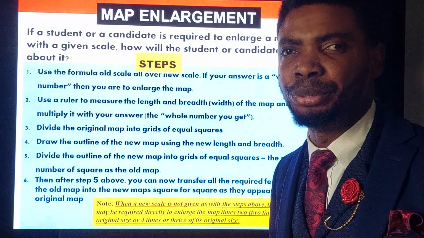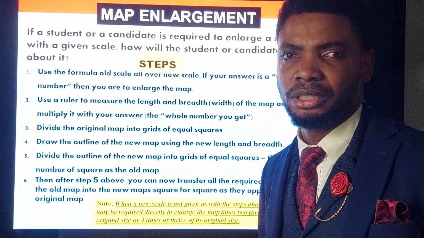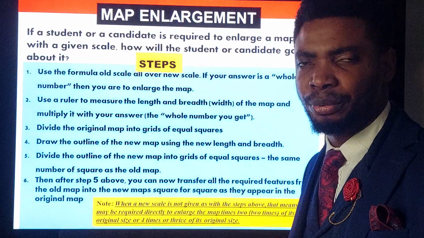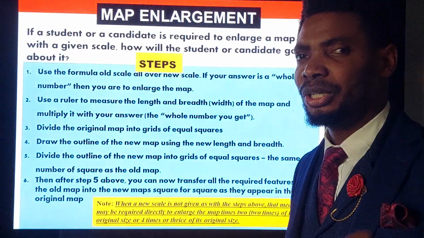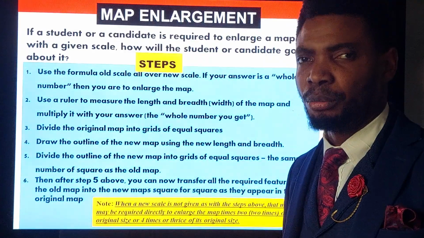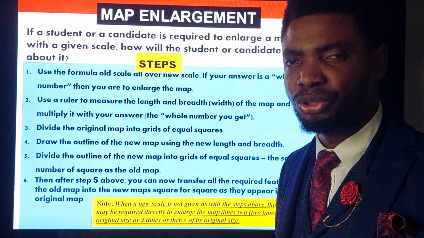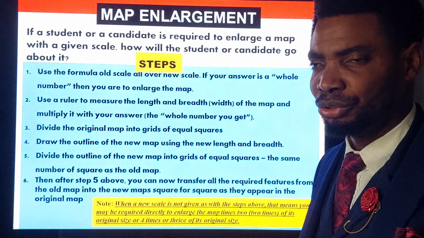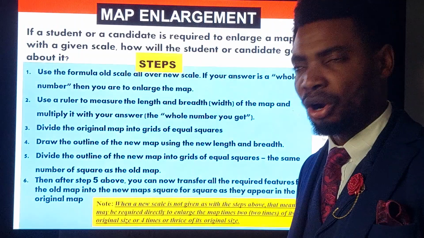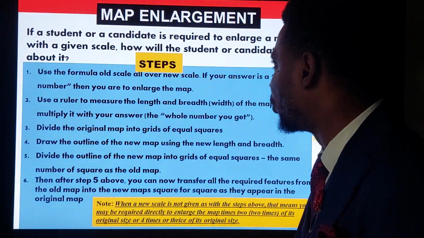It's going to be explicitly stated in the question that you are given, for example, "please reproduce the map 4 times its original size." But if you are not told that, then you will be given a new scale. Then you use the formula, old scale over new scale, to determine if it's a fraction or a whole number. All right, so let's move forward.